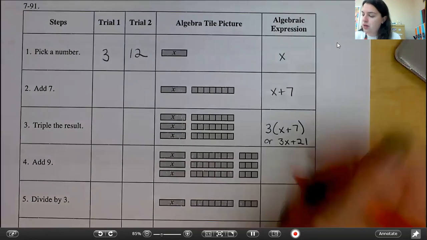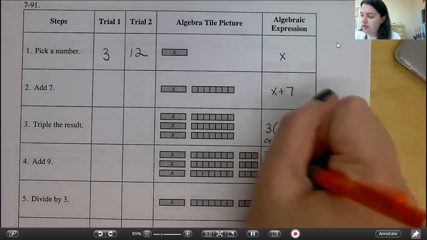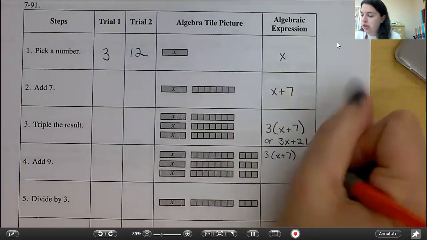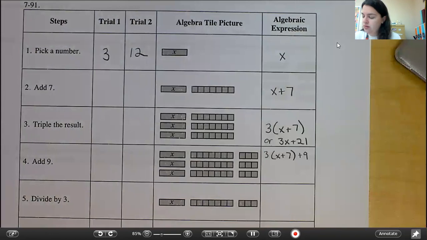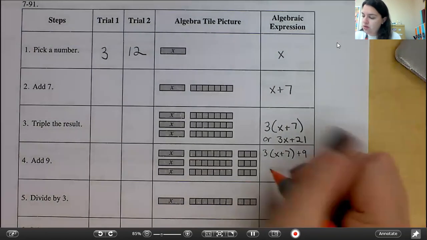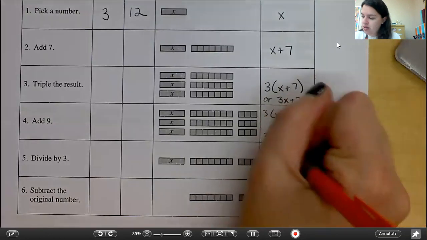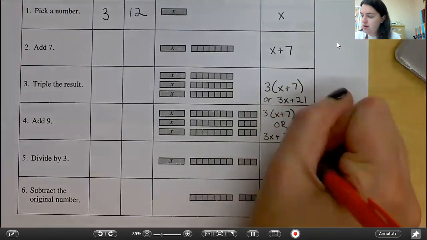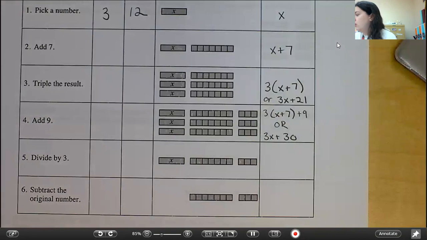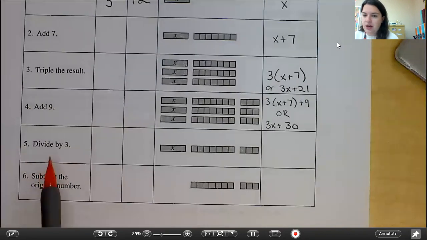Here, I'm going to write it both ways. We still have 3 groups of our x plus 7 plus an additional 9, or we have 3x plus 30 because we have 30 unit tiles total. Here, our step was to divide by 3.